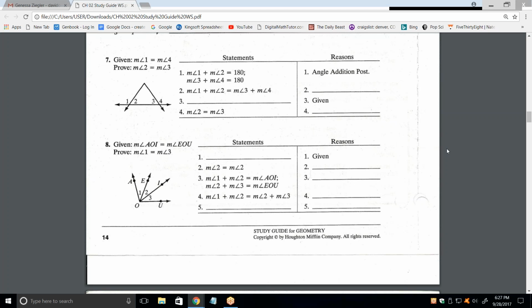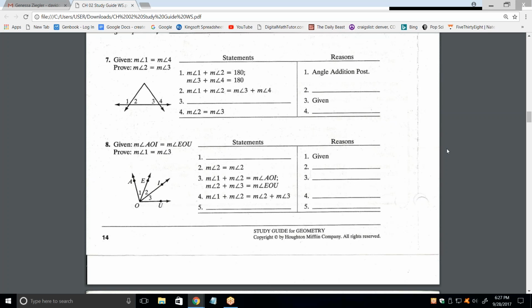So they're saying the measurement of 1 plus the measurement of 2 is equal to 180 based on the angle addition postulate? I would base that on a linear pair. In other words, all linear pairs are equal to 180. I guess there's more than one possible response for a reason.